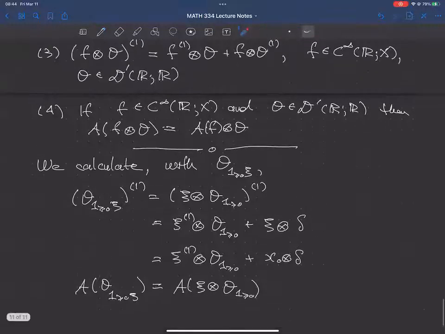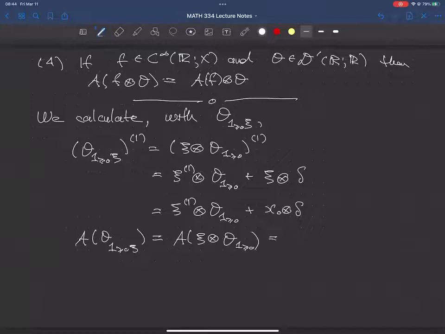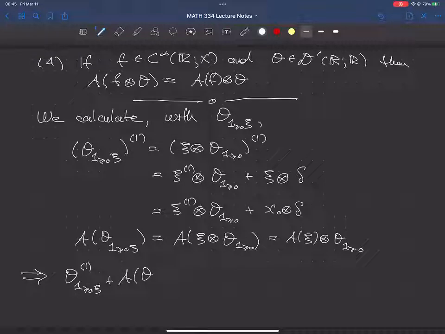And then I use part 4. This is A of C tensor step function. Right? And therefore, you calculate that theta 1 plus A of theta 1.